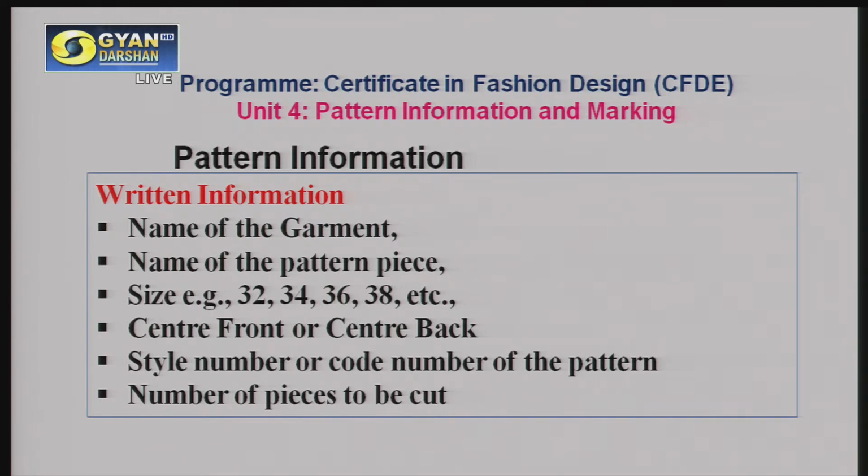First is the written information: the name of the garment, name of the pattern pieces, sizes, like which size the pattern is, center front and center back, style number, code number, number of pieces to be cut. All this information is written in written form.